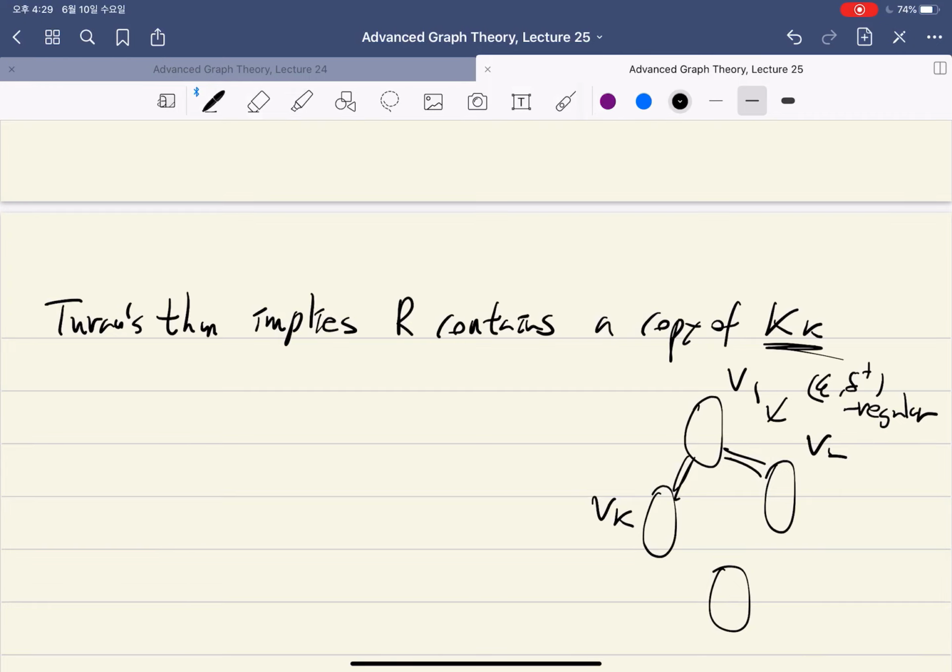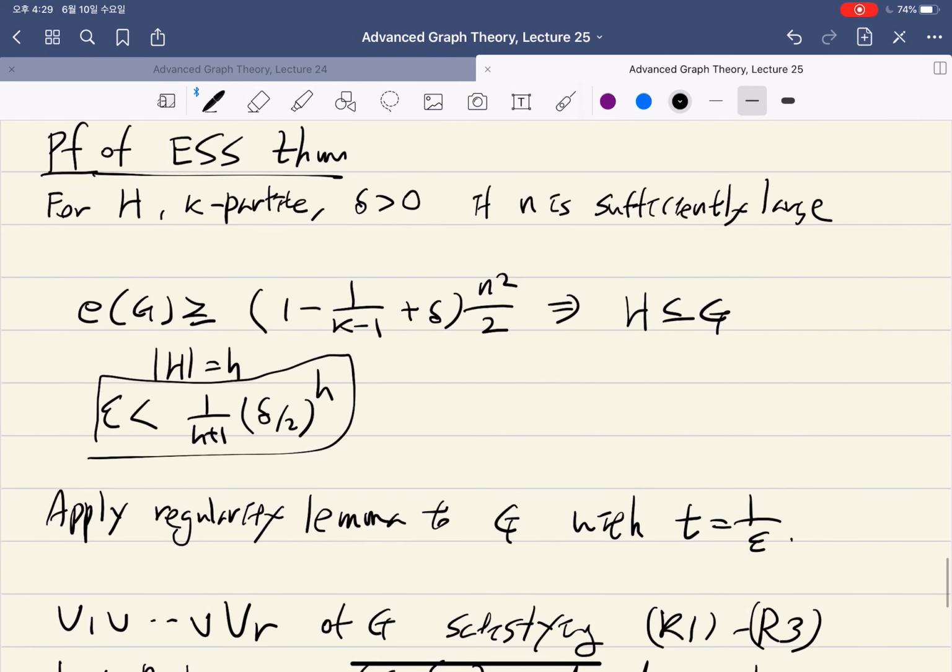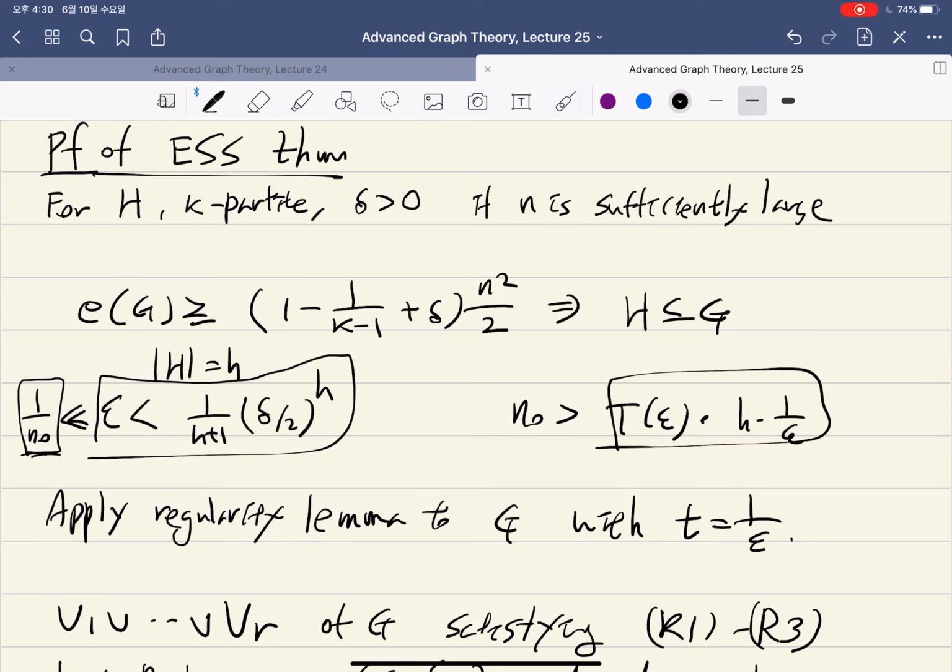And then we can, previously ensure that n0 is so small that n0 is bigger than t of epsilon times h times 1 over epsilon. Then there are r parts in the regularity partition.